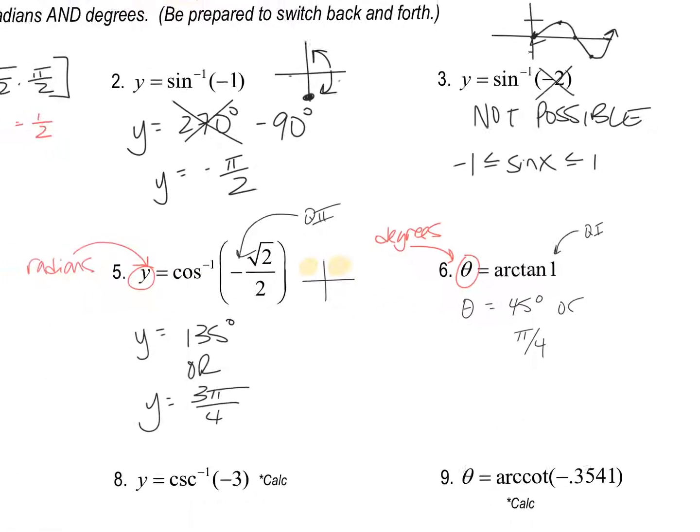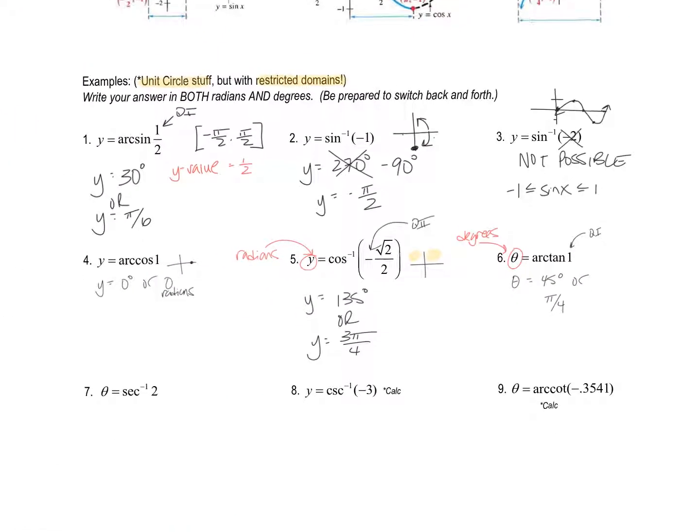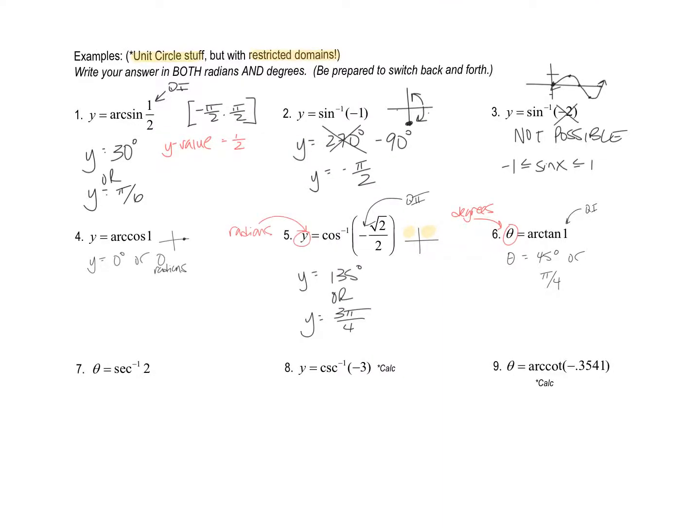Just as an introduction, that's the difference, and that's why they're written a little bit different here. That's something that you should be watching out for, is how to give your answer. It depends on how the question is asked. Okay, but the directions here did say give your answer in both, so that's why I'm doing both here.